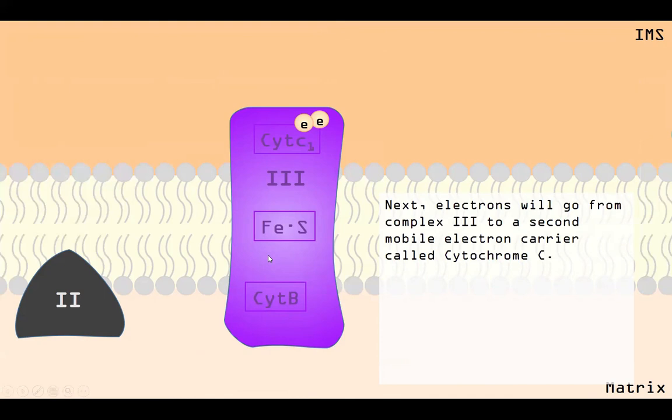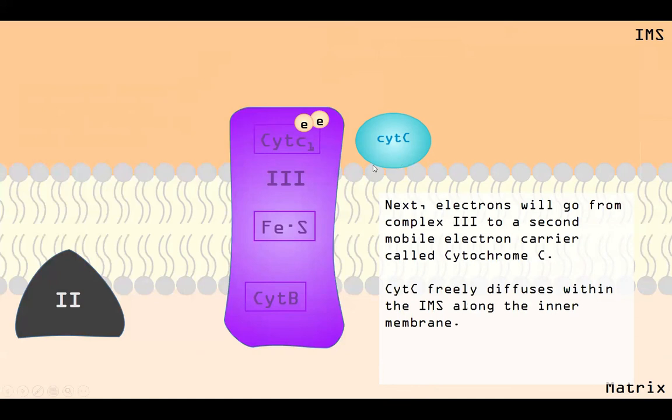Okay, so we're finished at complex 3. So the next thing is to go to our second mobile electron carrier called cytochrome C. Cytochrome C actually lives within the intermembrane space, but it's kind of loosely affiliated with the inner membrane. So it can kind of diffuse freely, but it's sort of skating along this inner membrane.